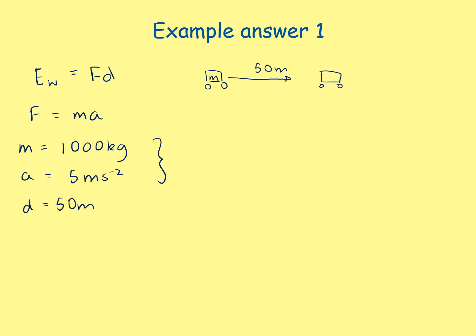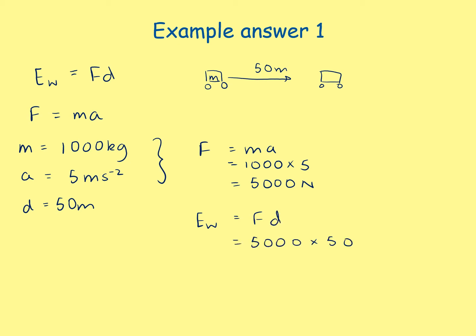First, we can calculate our force. F equals ma, which equals 1,000 times 5. So we've got 5,000 there, newtons. Now we can calculate our work done. So that's force times distance. That's 5,000 times 50. That's 250,000 joules. But that's not our final answer. We've just calculated the work done in total by the car, but only approximately 5% of this is going to be converted into heat energy.